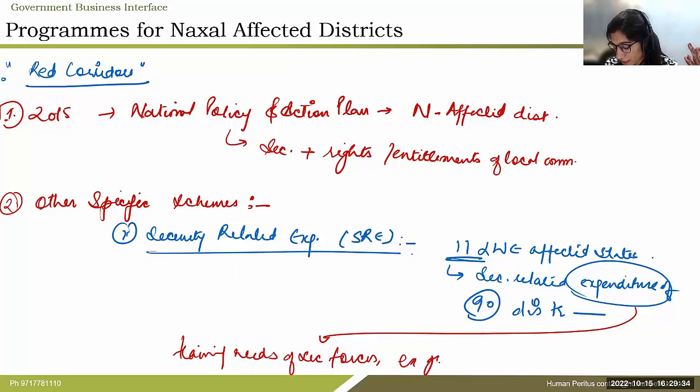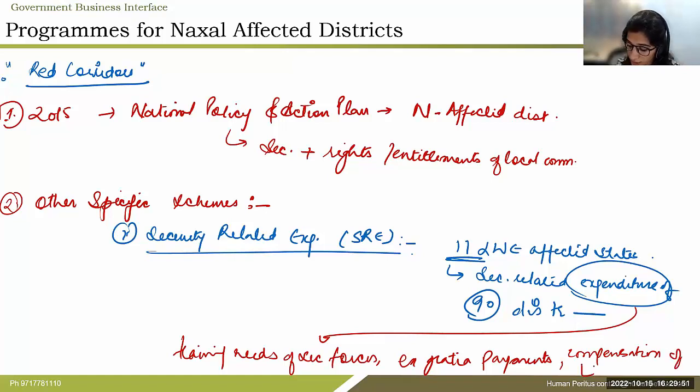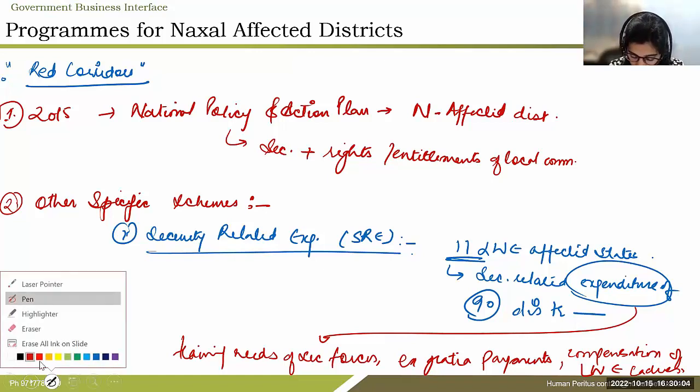The ex gratia payments to the families of the soldiers who have been killed or injured. All right. Compensation to those left-wing extremism cadres who want to surrender to the government. So these are the kind of expenditure under this particular scheme.